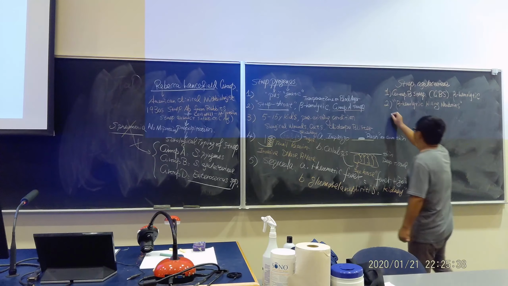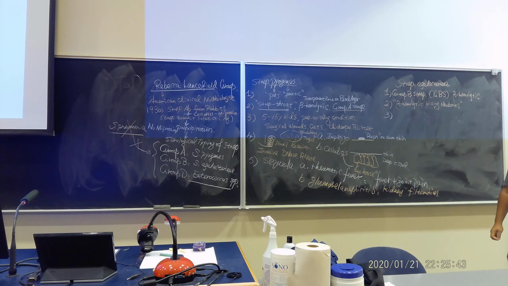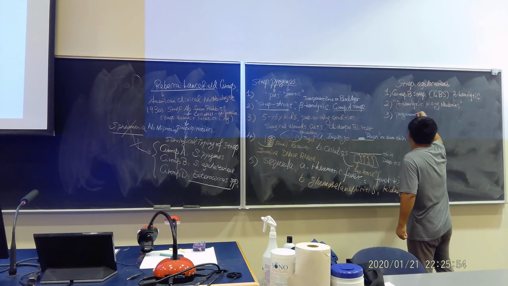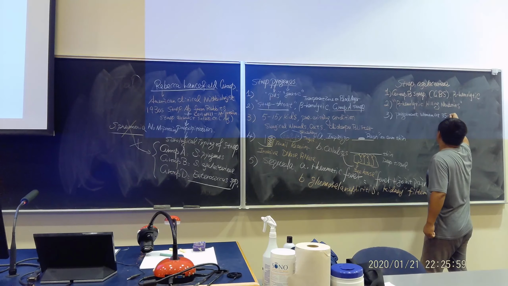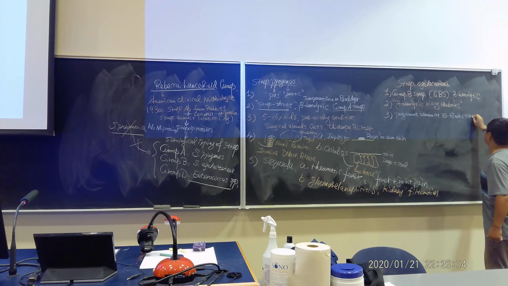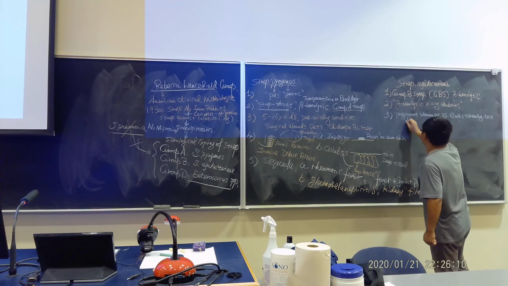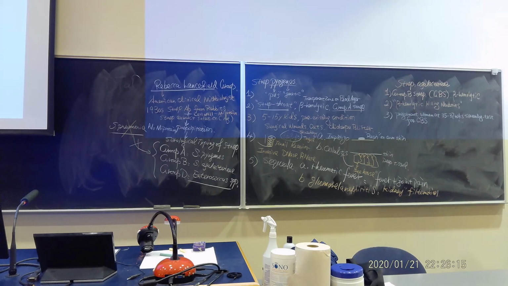In the United States, in most hospitals, let's say in Pittsburgh, in Magee-Womens Hospital, pregnant women at 35 to 37 weeks have to do a screening test for GBS, which is group B Streptococcus agalactiae.